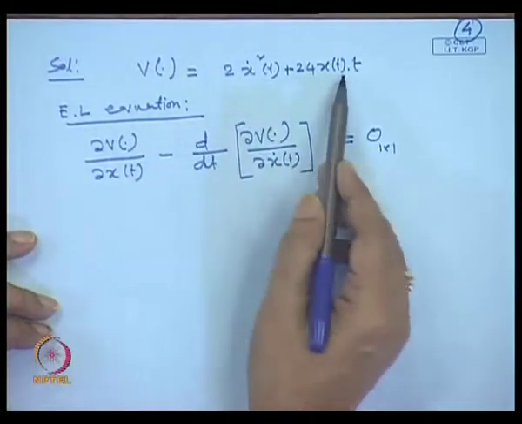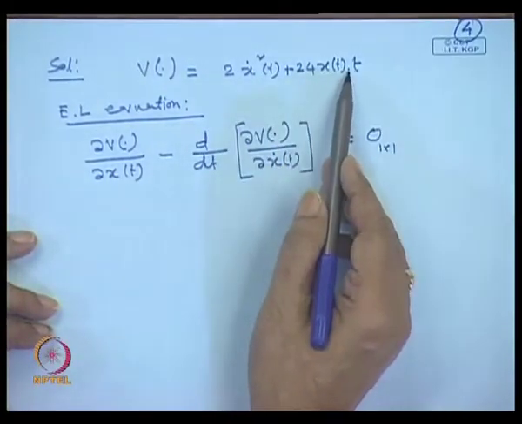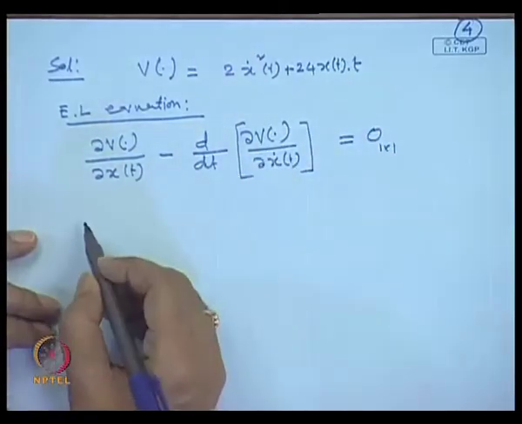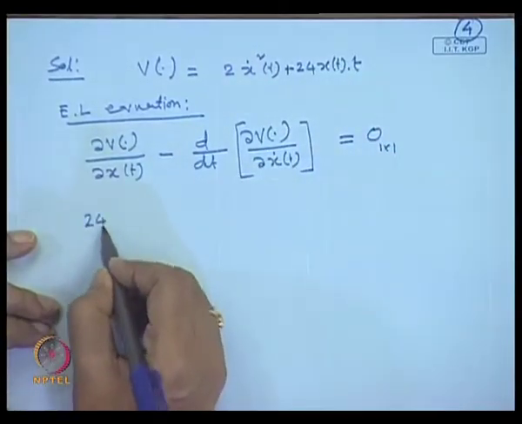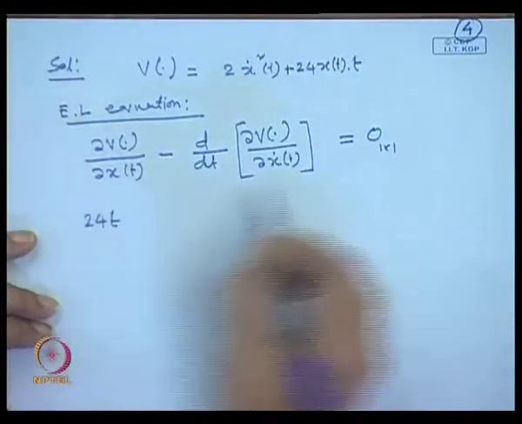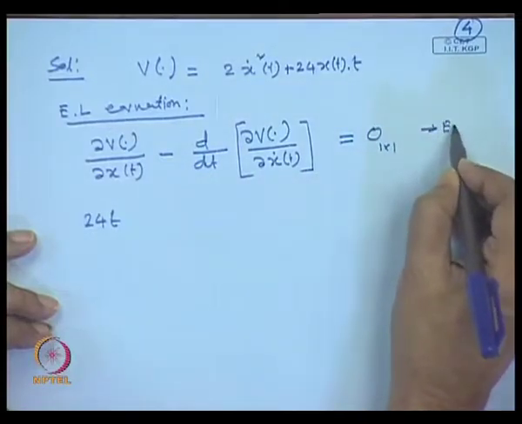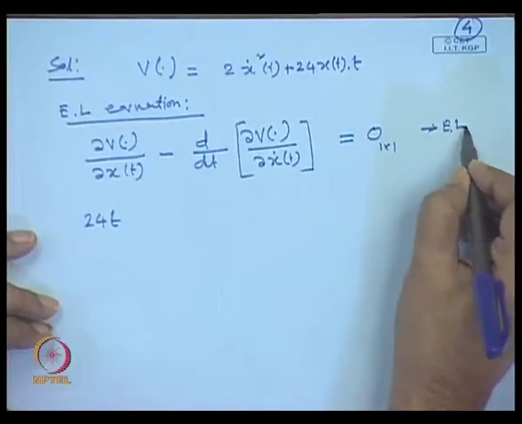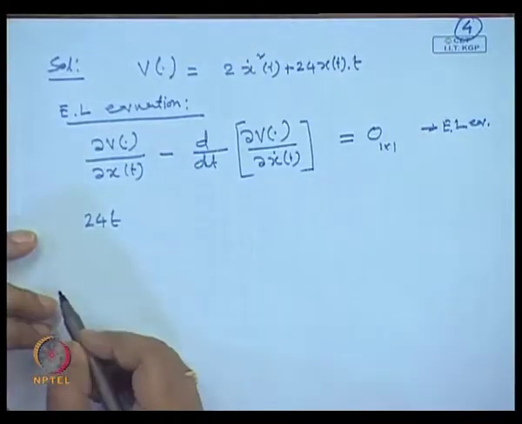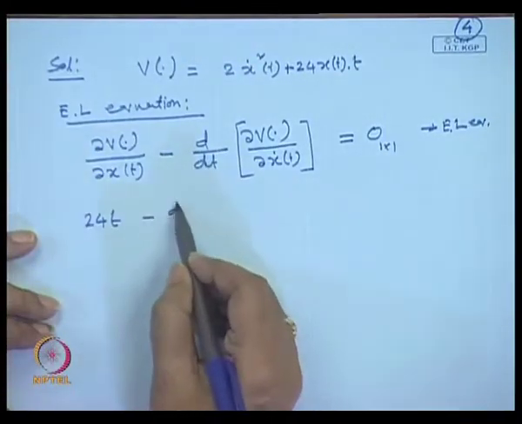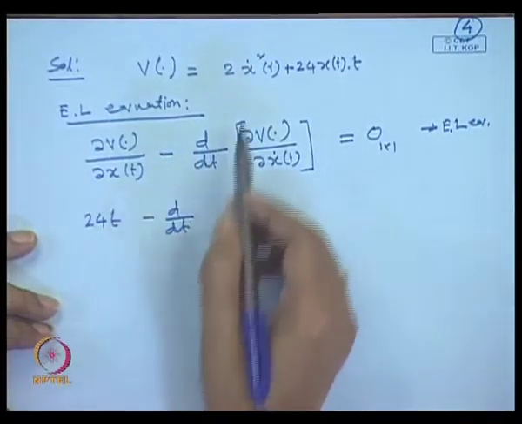If you differentiate with respect to x, I will get 24 t, the first part of this Euler's equation. This is called the Euler-Lagrange equation. Now, for the second part we have to differentiate with respect to x dot.